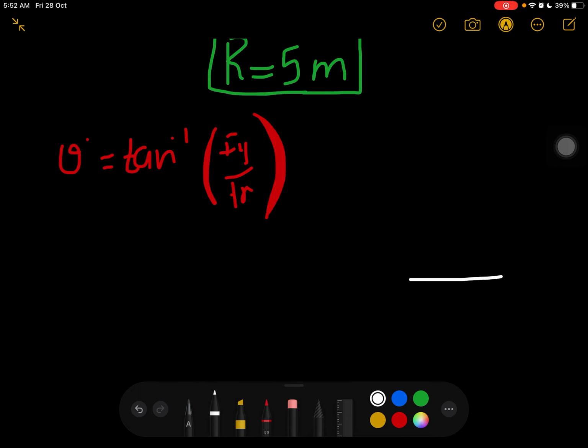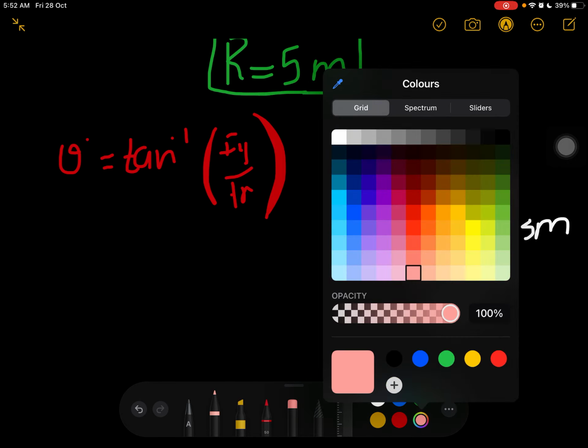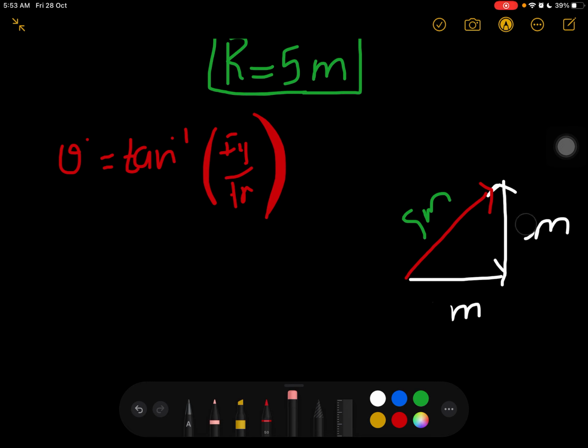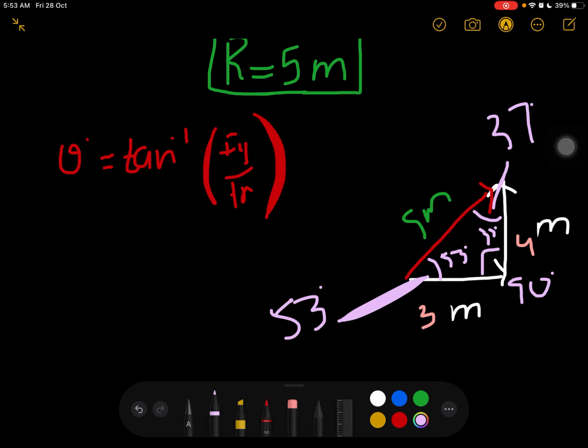Remember that if this is 4 meter and this is 3 meter, and the resultant vector will always be 5 meter, then the angle over here, this is 3, this is 4, will be 53, and the angle over here will be 37, and the angle over here will be 90. This angle is 37 degree, this is 53.